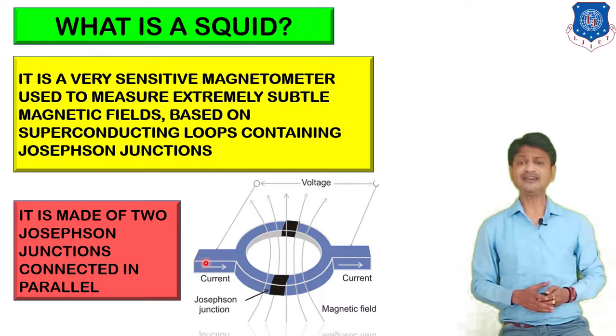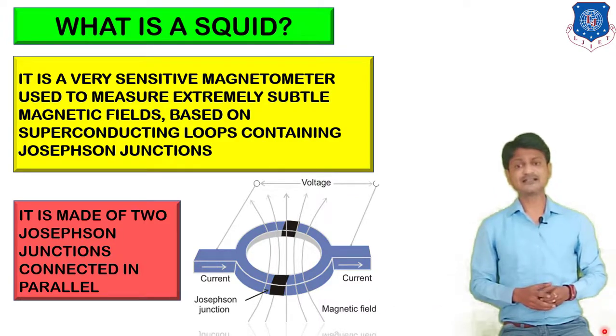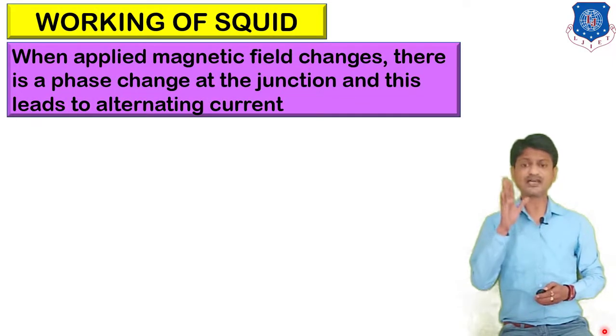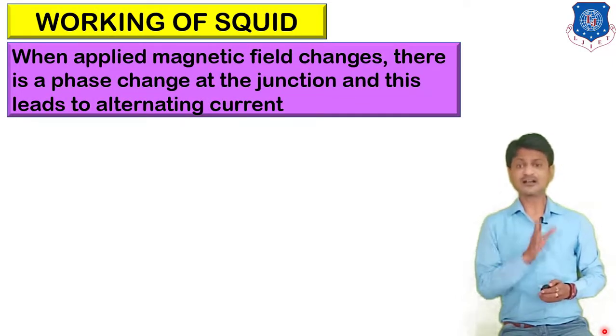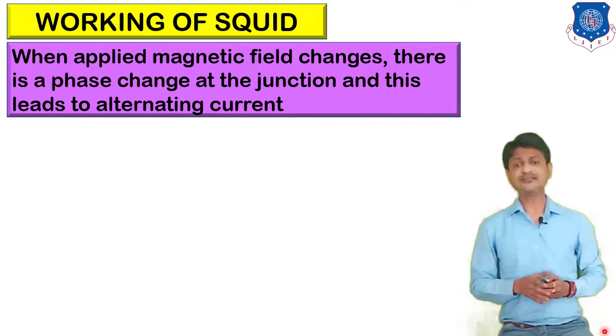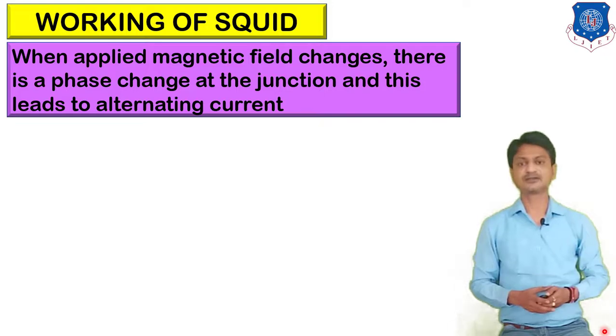When applied magnetic field changes, there is a phase change at the junction, and this leads to the alternating current. Here you can see in the figure, the current flows through the two junctions parallelly.